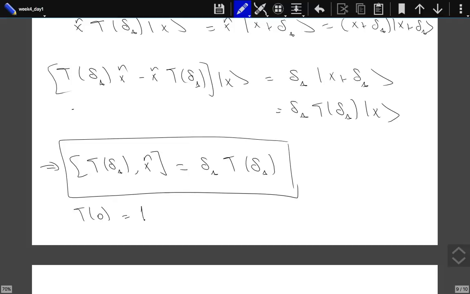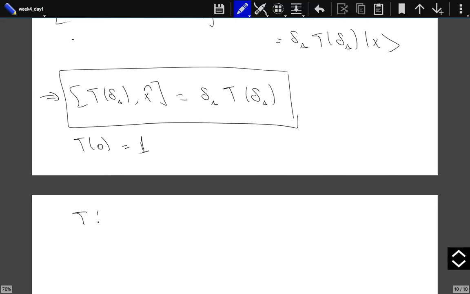T of 0 is 1. Now, T of delta, I can just treat it as a function of delta and consider a Taylor expansion.